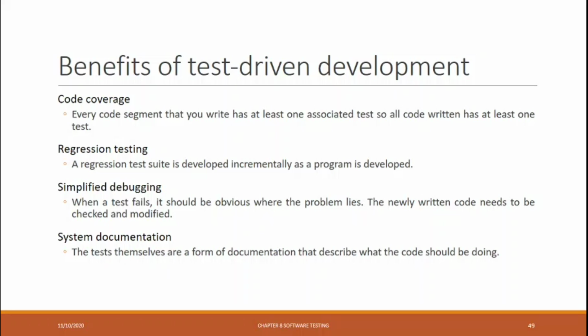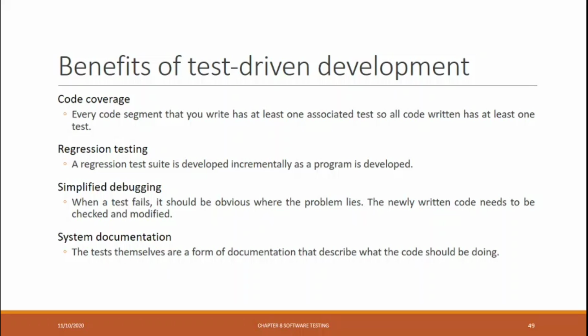The previously written code will be automatically tested, so the new written code will identify bugs. Not the whole system. The whole system has been tested automatically, and the newly written code is tested separately. So identifying the bug will be easy in the new written code.